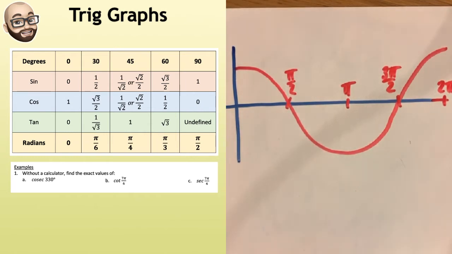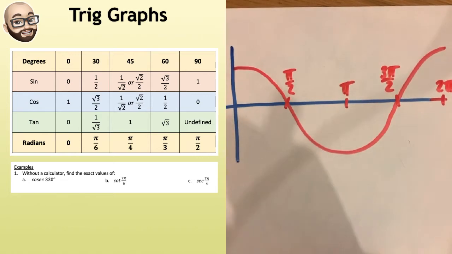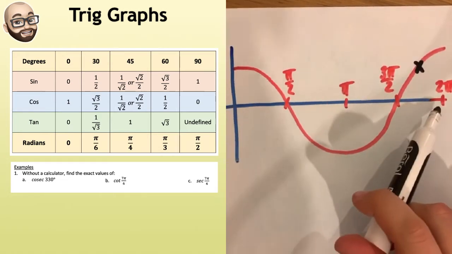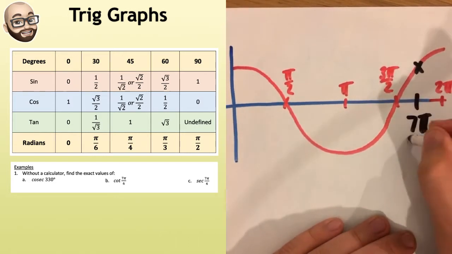So 7 pi over 4, if you were to write it as 1 and 3/4 pi, we can see, well, here's 1 pi, we want 3/4 of pi, so it's going to be halfway between 3 pi over 2 and 2 pi. Okay, this is where 7 pi over 4 is.